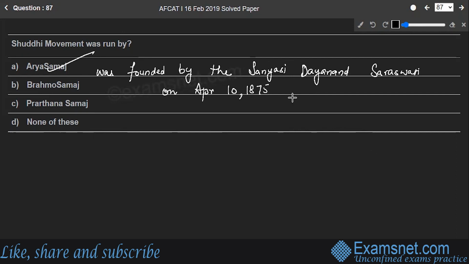Members of the Arya Samaj believe in one God and reject the worship of idols. It's an Indian Hindu reform movement. Well, option A is the answer to this question, Arya Samaj.